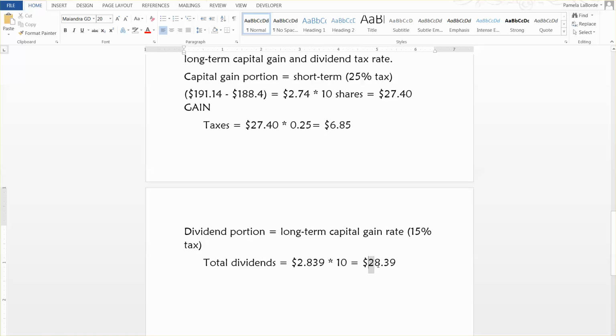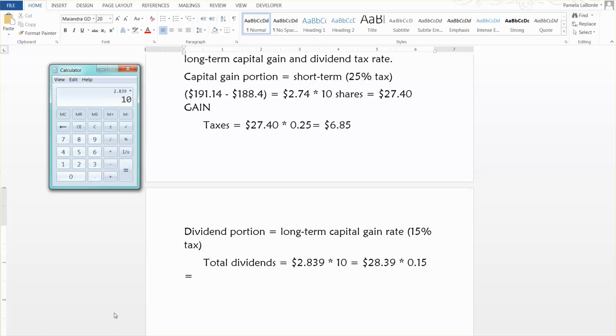So I owe taxes on this entire amount now, and the tax rate that I owe is 15% because they're qualified dividends, they're classified as long-term capital gains, and that rate for me is 15%. So for my taxes on the dividends, I'm going to owe the 28.39 times 0.15.